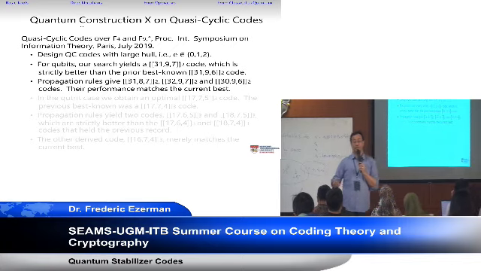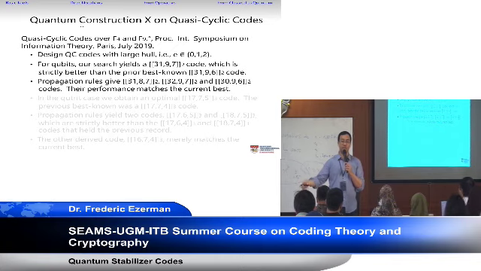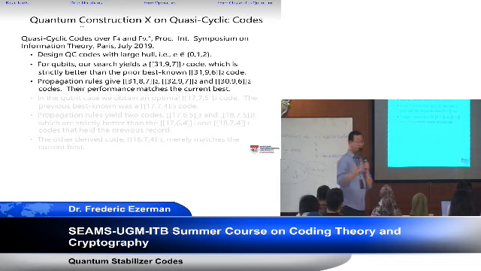There are propagation rules. We apply propagation rules. We found 3, but they only match the current best. So we say that, well, the propagation rule doesn't give you the thing. But look at that. This is a relatively short length, and we still can make a contribution.